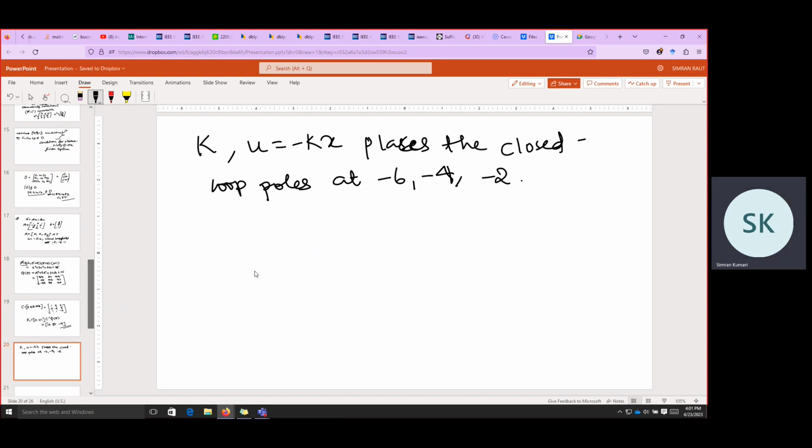So this time we'll try to find the controllable canonical form and then we'll try to find the K for the state feedback.